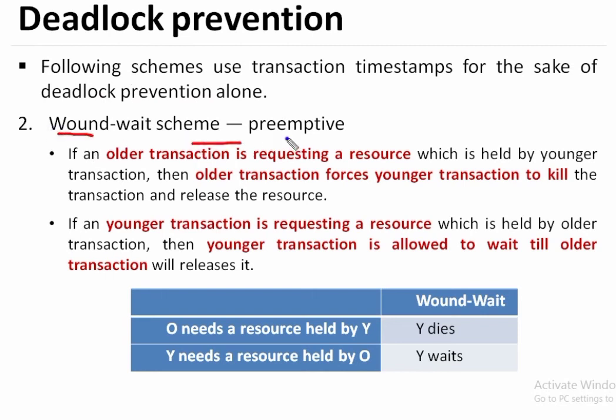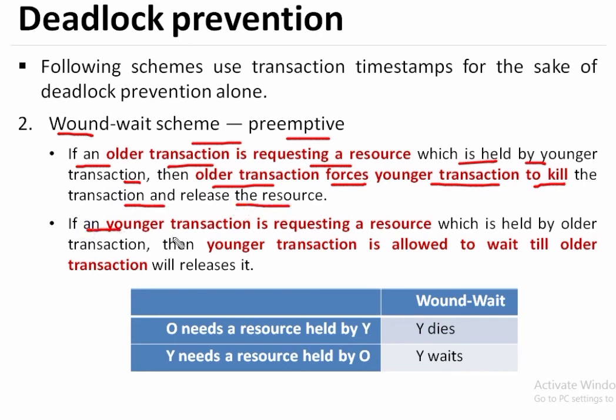Next, the wound-wait scheme, which is a preemptive condition. If an older transaction is requesting a resource which is held by a younger transaction, then the older transaction forces the younger transaction to be killed and release the resources.